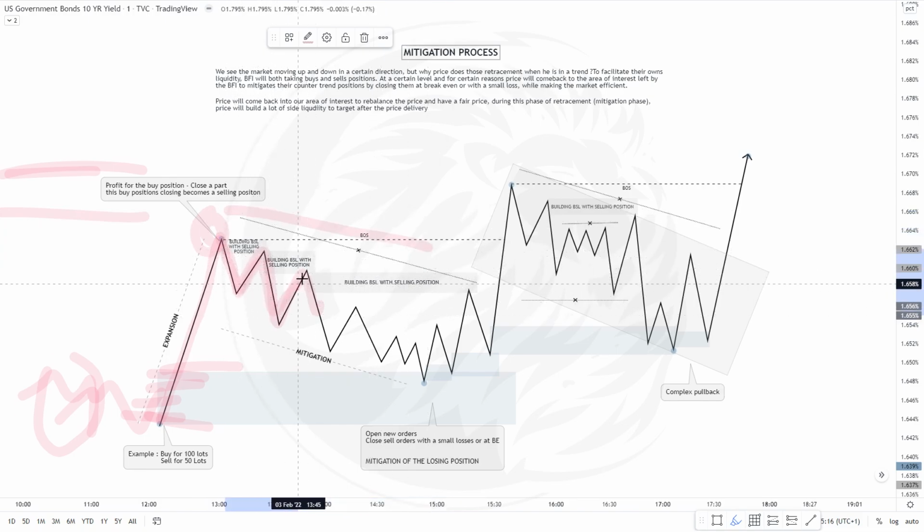And so they generate liquidity here, price comes back into the order block. So now we are at step 3. Maybe I forgot, here it was step 2, sorry.